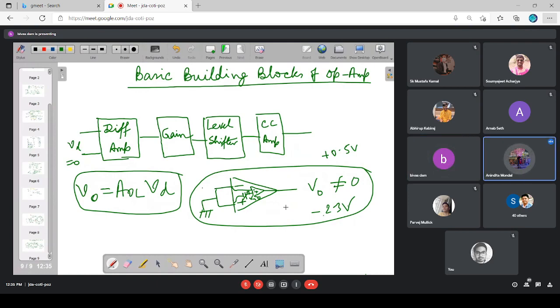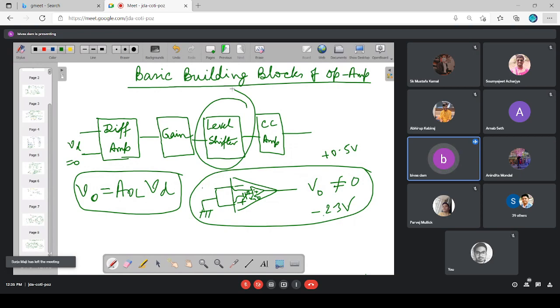So, isn't there a way by which we can explain it? For that explanation, I'm saying this level shifter is not functioning properly. As a result, I am getting some non-zero output voltage, but my relationship between the input and output is governed by this. So this cannot explain the non-zero output voltage for zero VD.